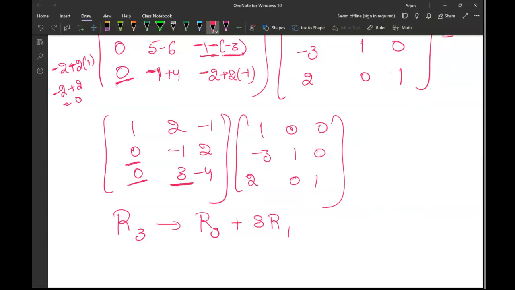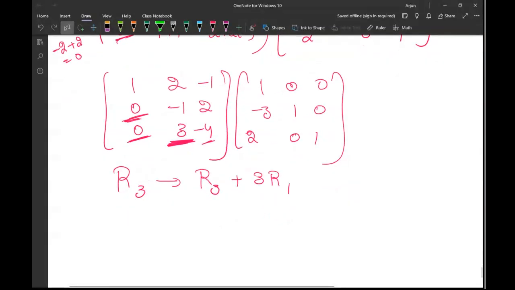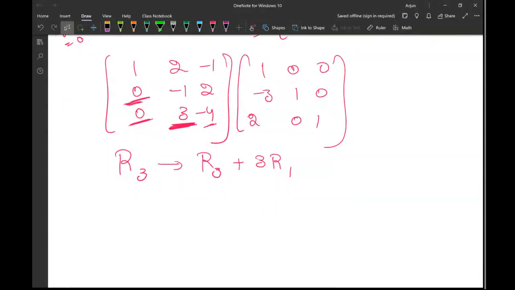First we make these two 0, then I'm going to make this 0, and then this other term 0. That's how we're going to move.